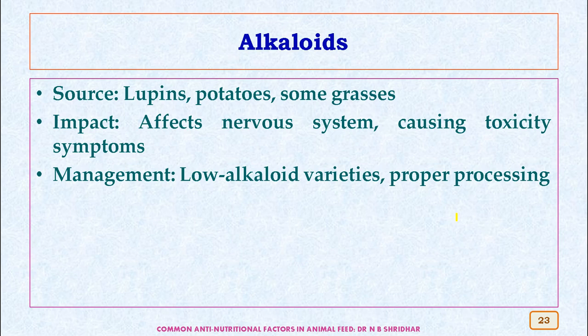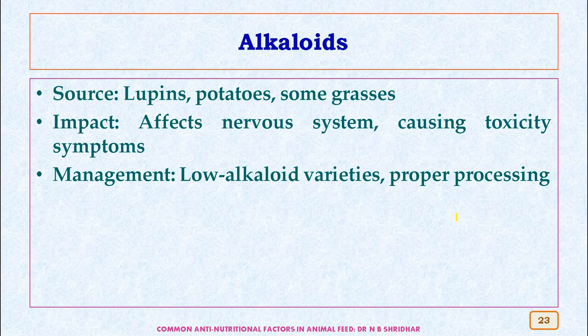Then alkaloids are classified into the lupins. Of course, in the case of plant alkaloids, varieties of plant alkaloids are there, depending upon the chemical entity or chemical formula. Then management of such processes is always: low alkaloid varieties should be administered to the animal.